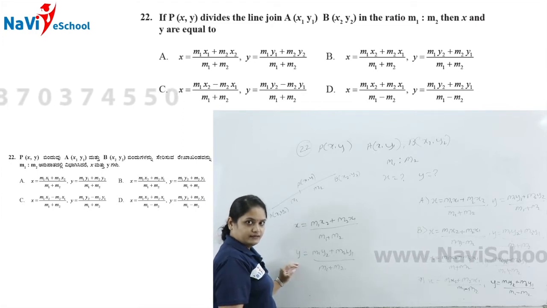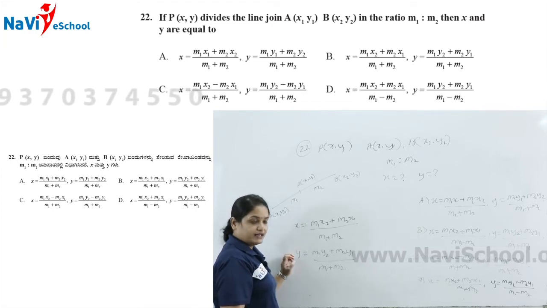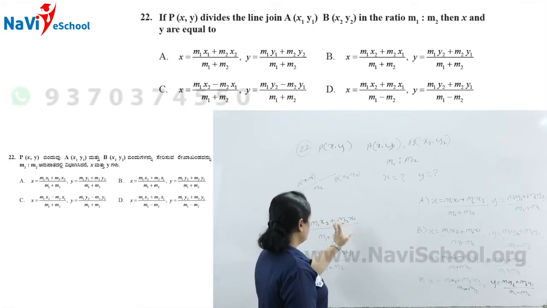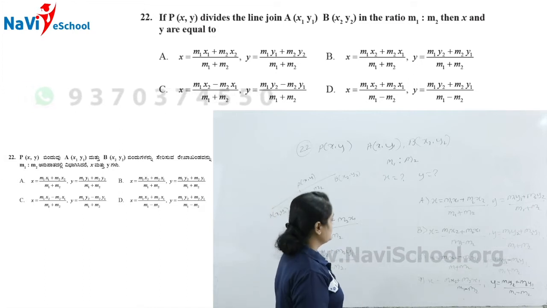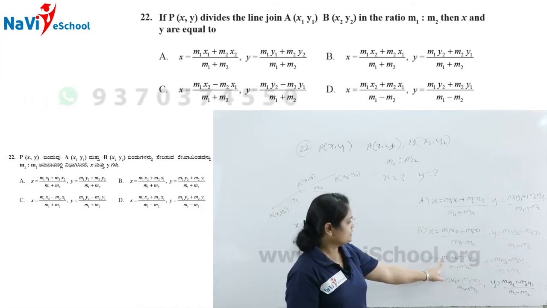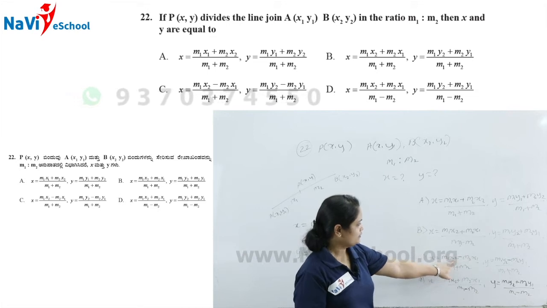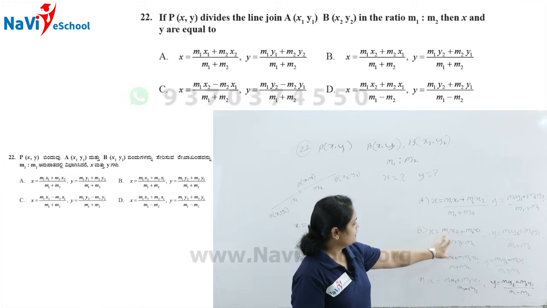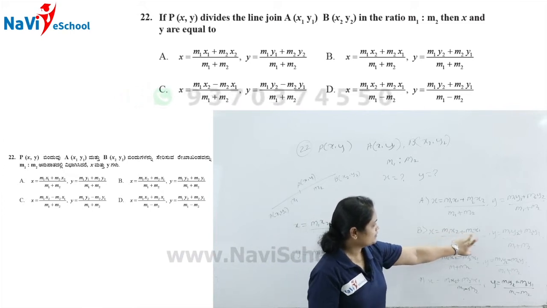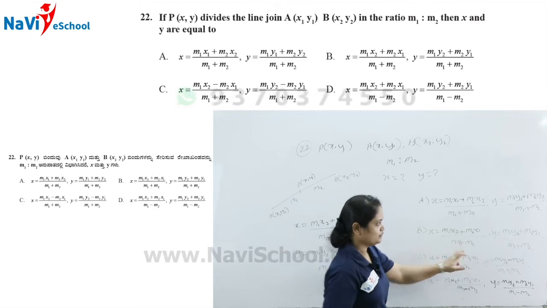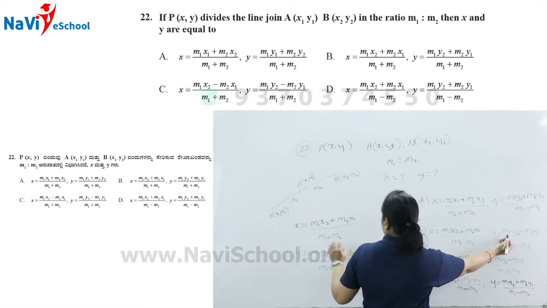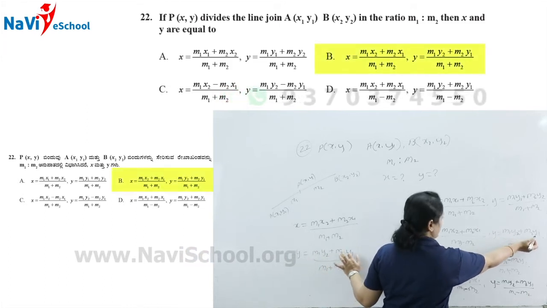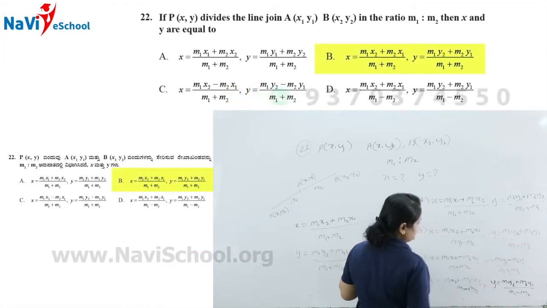Okay, got it children? And where is our answer? It has the same values: x equal to m1 x2 plus m2 x1 divided by m1 plus m2, and y equal to m1 y2 plus m2 y1 divided by m1 plus m2.